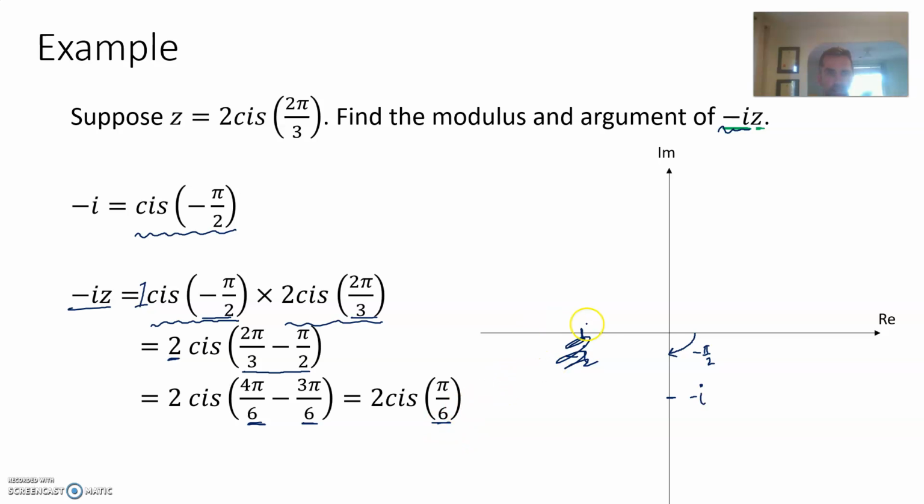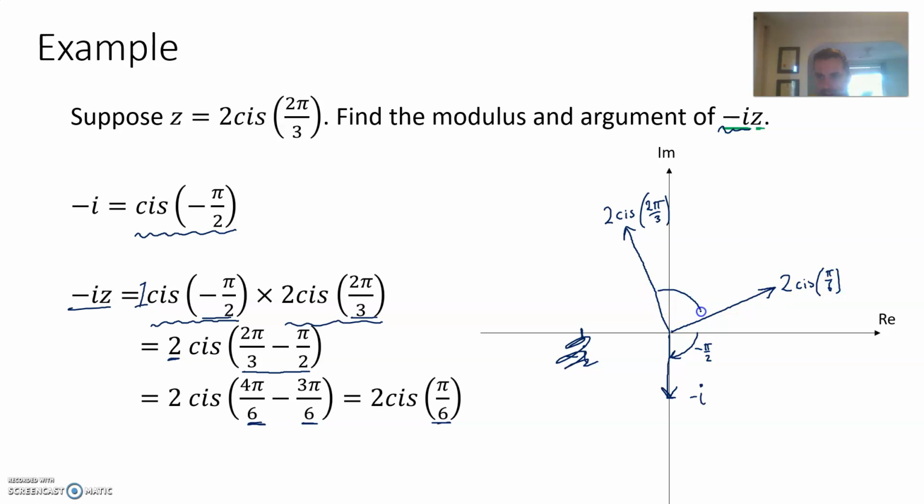If we look at what that does on the Argand plane, we've got our value here, 2 cis 2 pi over 3, up about here somewhere. When I multiplied that by negative i, since this angle is negative pi over 2, it brought my answer back around to here, which is 2 cis pi over 6.